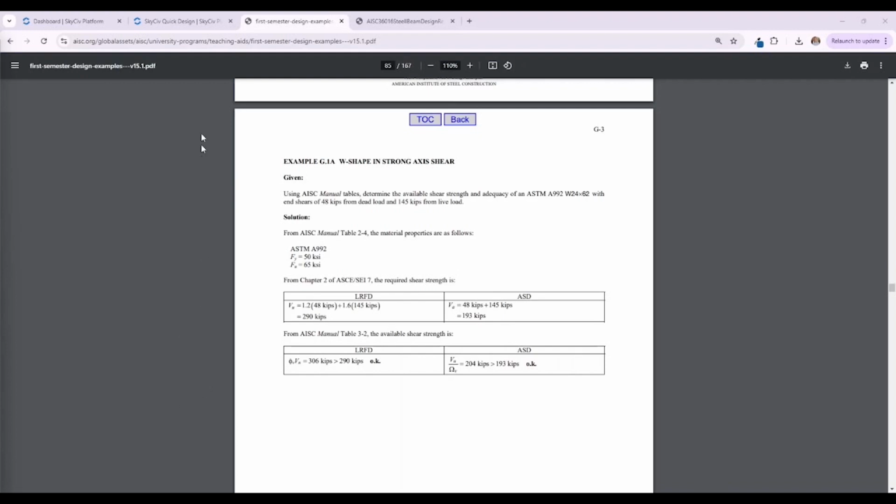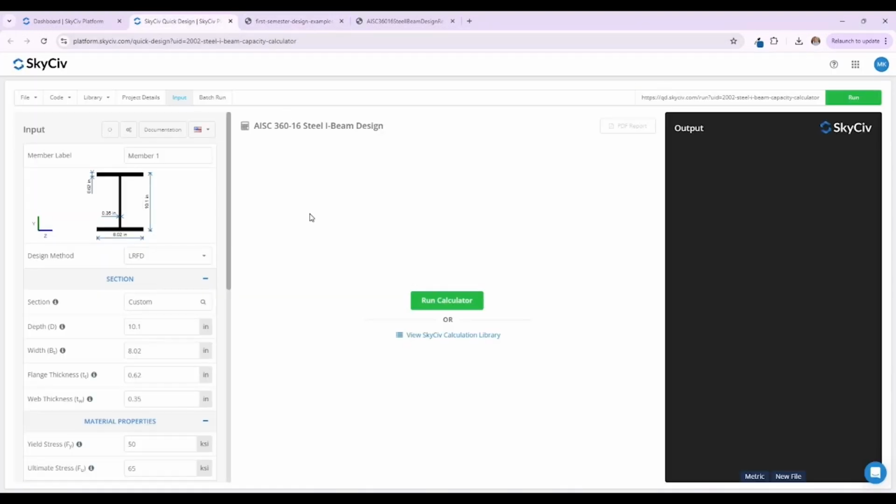Let's go back to our quick design calculator and enter in these properties. The design method is LRFD, and the member type is a W24x62, which we can load from our database, and the section dimensions are preloaded and reflected in the graphic above.